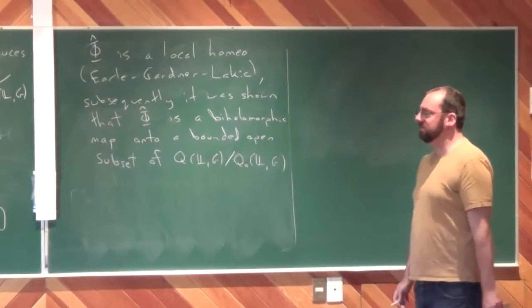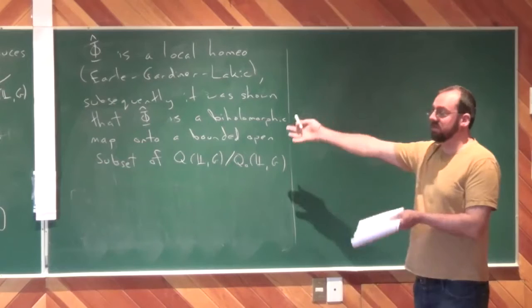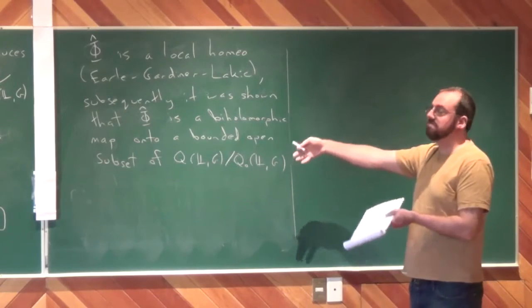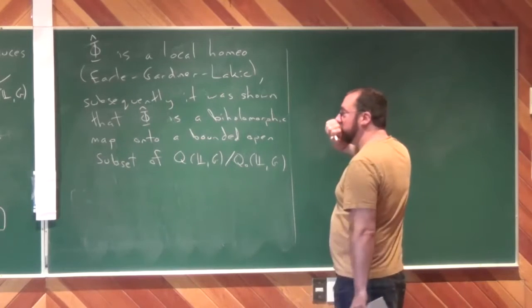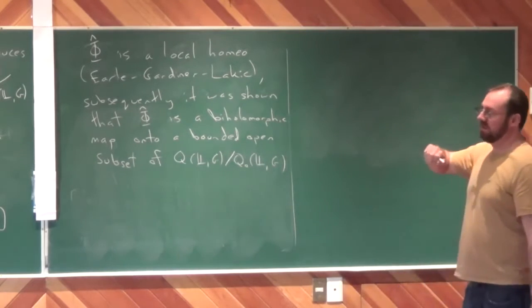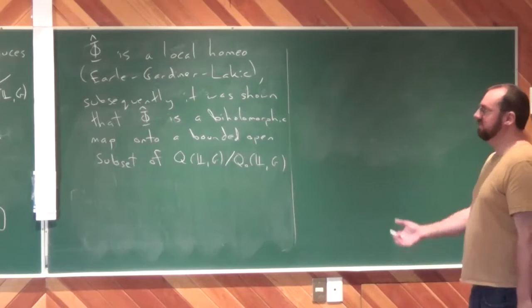So for infinite type surfaces, you may be able to say things about asymptotic Teichmüller space, which may be of use. Now, in the rest of the talk, we're going to talk about biholomorphic maps and bi-Lipschitz maps between Teichmüller spaces.